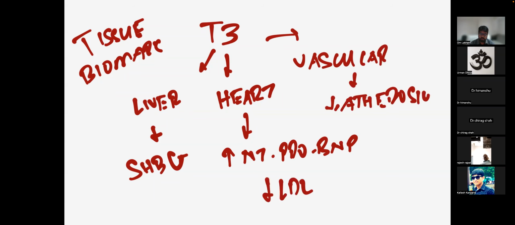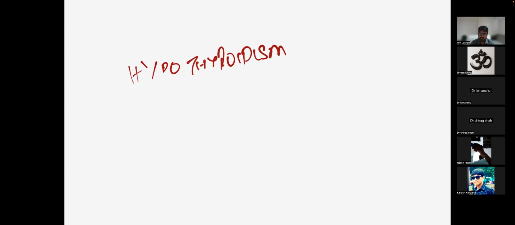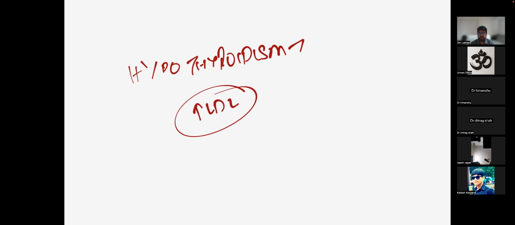An important point here, which we'll discuss in a little more detail in the next few slides: remember, hypothyroid patients with uncontrolled hypothyroidism tend to have an increased LDL. We are seeing a lot of these patients.